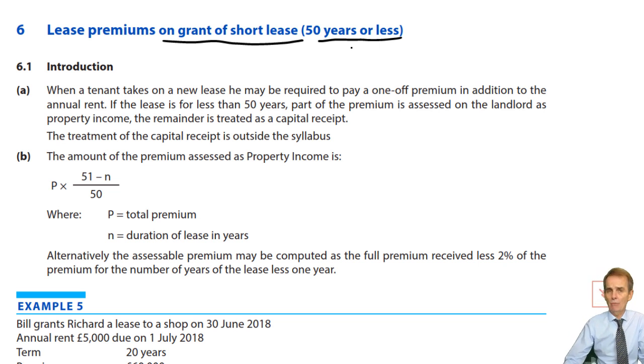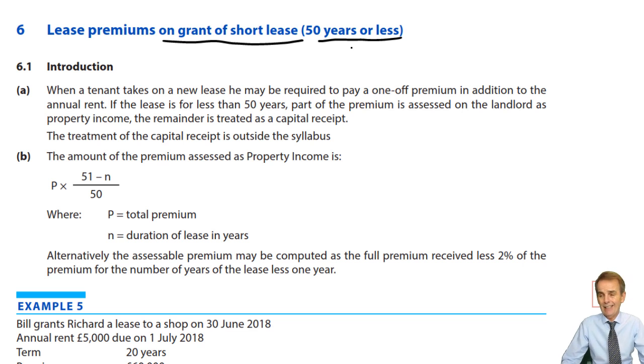Because what happens in real life is that the amount of premium received by the taxpayer is divided up in a mechanical way that we'll see in a moment between how much of that premium received on the grant of this short lease should be treated as income, and therefore be a part of the property income assessment for the year in which it was received, and how much should be treated as a capital receipt and therefore charged under the CGT, the capital gains tax rules.